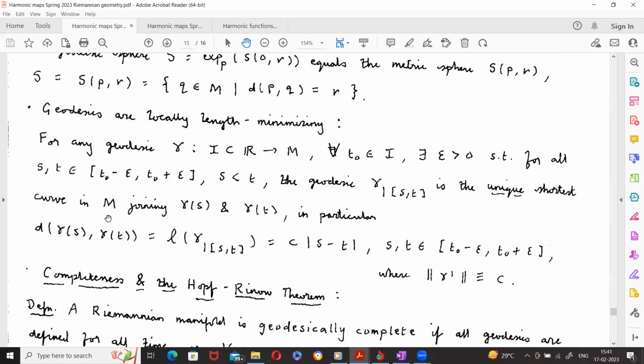That means in particular that the distance between gamma(s) and gamma(t) is equal to the length of gamma restricted to [s,t]. Okay, this equality means that gamma restricted to [s,t] is the unique geodesic joining gamma(s) to gamma(t). And what is this length? Well, since gamma has constant speed, this length is just the speed, say c, times the absolute value of s minus t. Okay, so this c is the norm of gamma prime, which is constant. Okay.